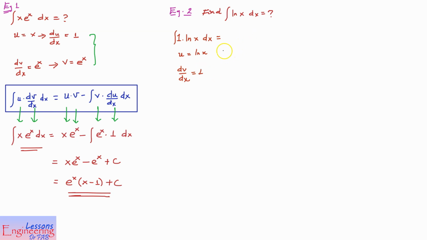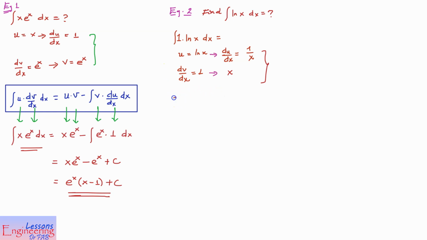So what is du by dx? This is 1 over x. Okay, to find v, find a function that when you integrate it will give you 1. So this is easy. This is x. Yeah. So now let's substitute those known variables into our integration by parts formula.